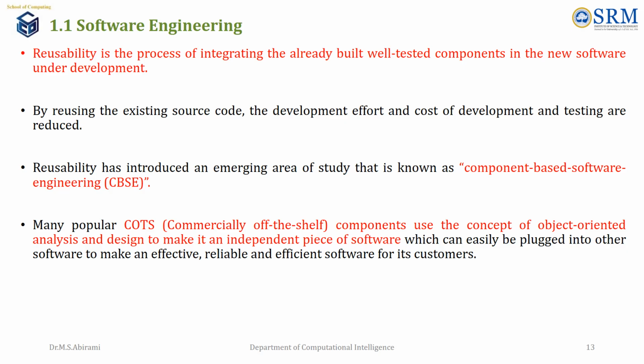Reusability has introduced component-based software engineering, called CBSE. Many popular commercial off-the-shelf components use the concept of object-oriented analysis and design to make an independent piece of software that can easily be plugged into other software to make effective, reliable, and efficient software for its customers.